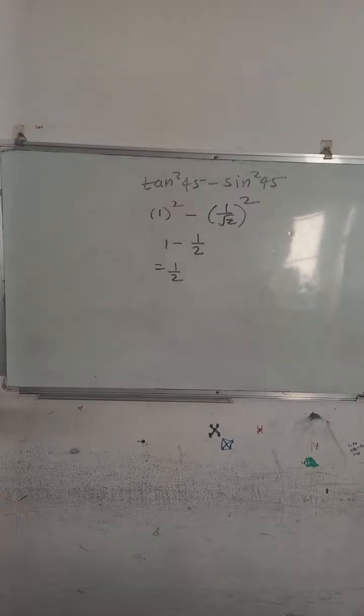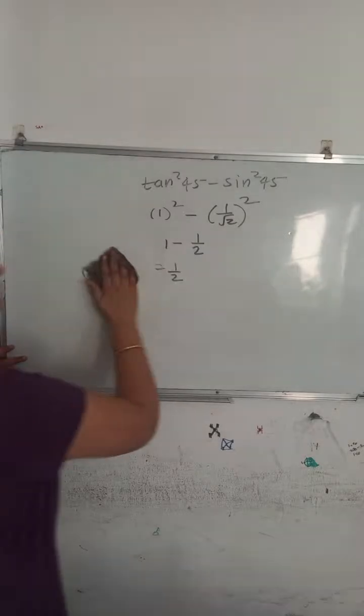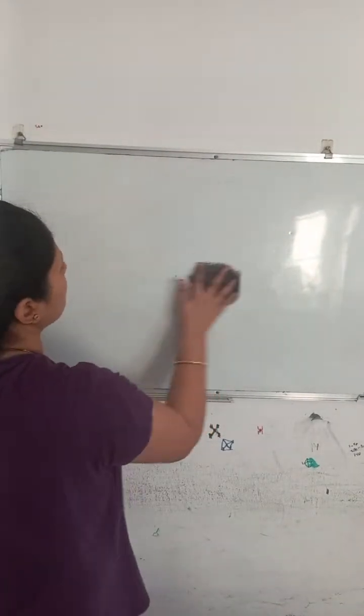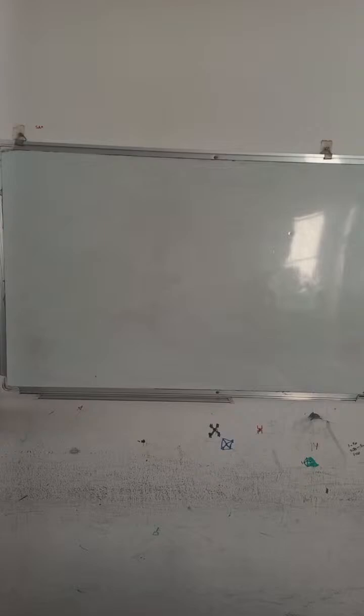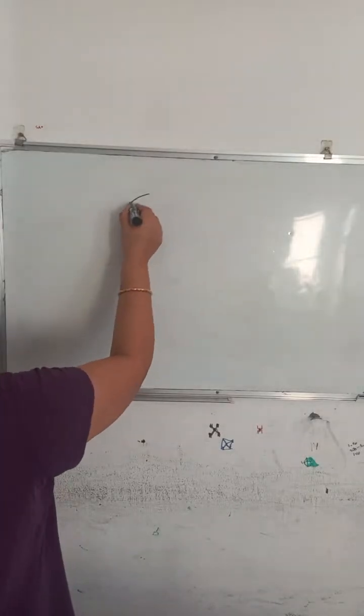What is the perimeter of a quadrant of a circle OAB whose diameter is 10 centimeter?